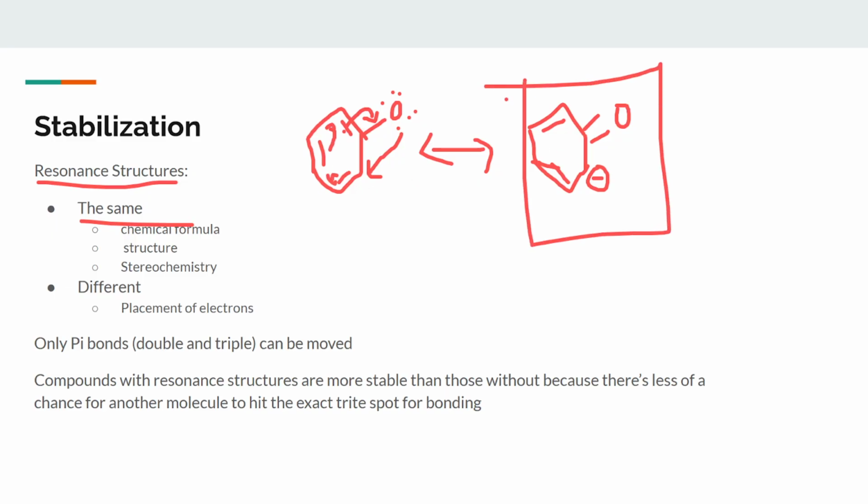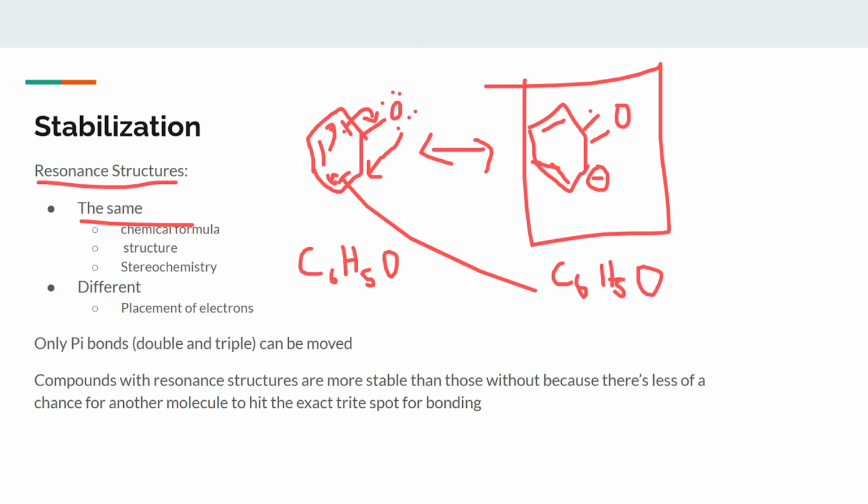So nothing changed about this. This is still C6H5O, and this is still C6H5O.